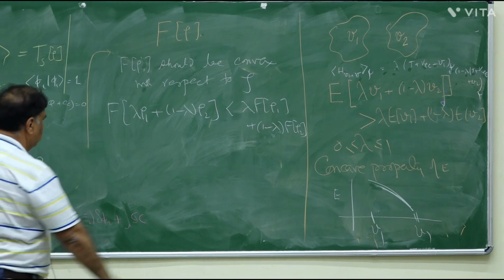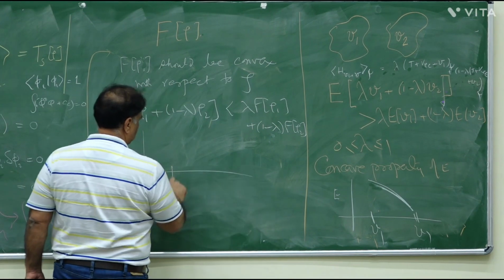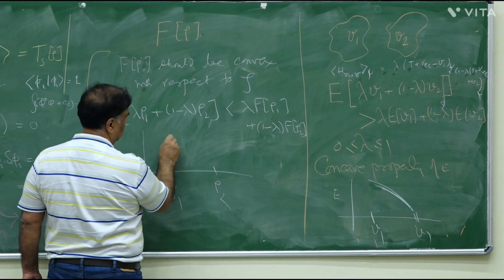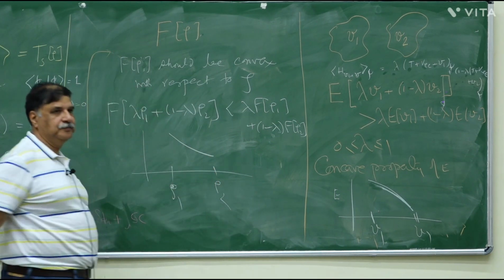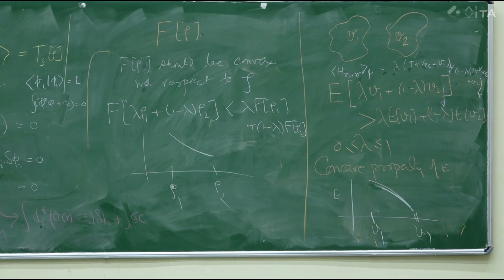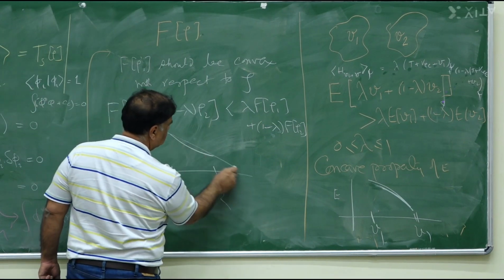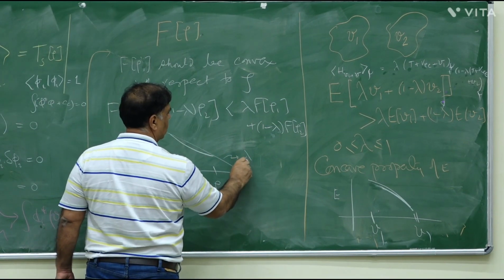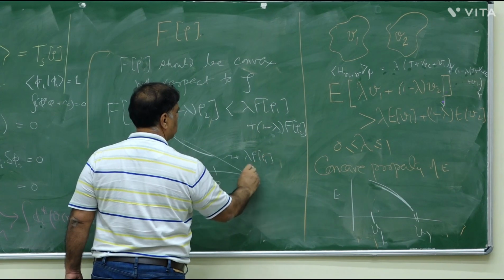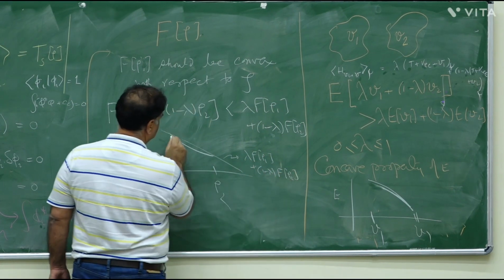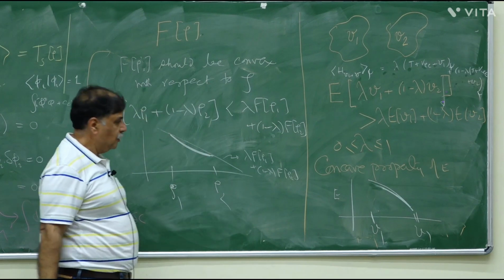Symbolically, if I have rho 1 here and rho 2 here, then it should be something like this, because lambda F1, lambda F2 will go along this line. This line would be lambda F rho 1 plus (1 minus lambda) F rho 2, and you want it below that.